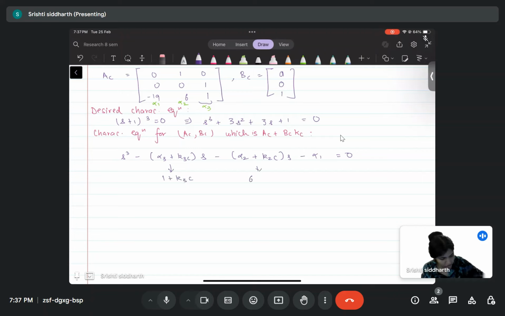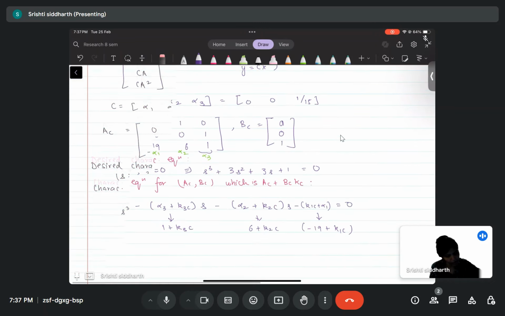This is 6 plus K2C. And this is just minus 19 plus K1C.